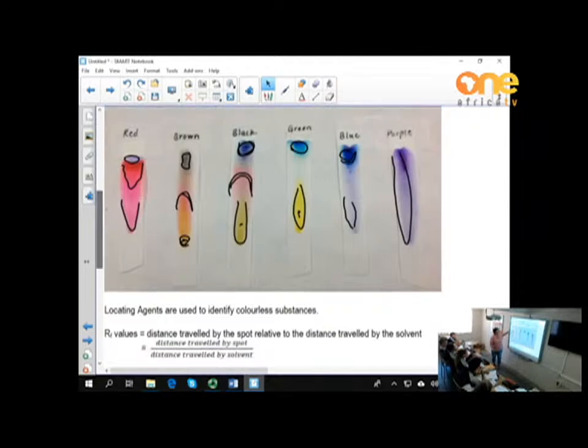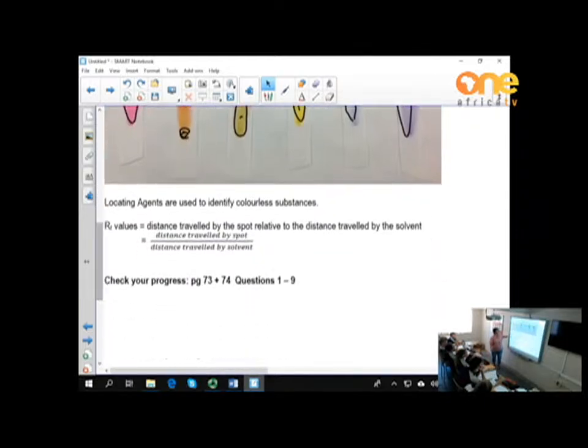Then they will treat the chromatogram with something known as a locating agent. It's a chemical substance that they will spray over it or dip it into, and this chemical substance will react with the sugars or the proteins, and it will make a visible spot so that you can see it.